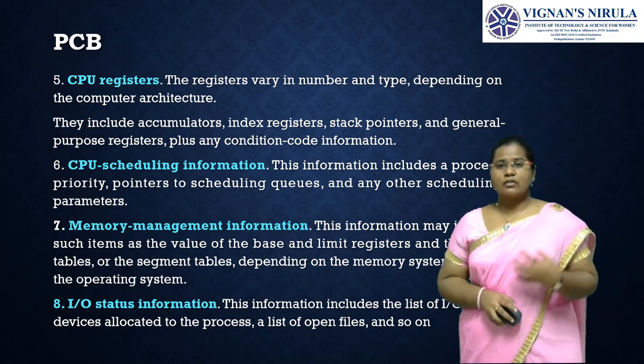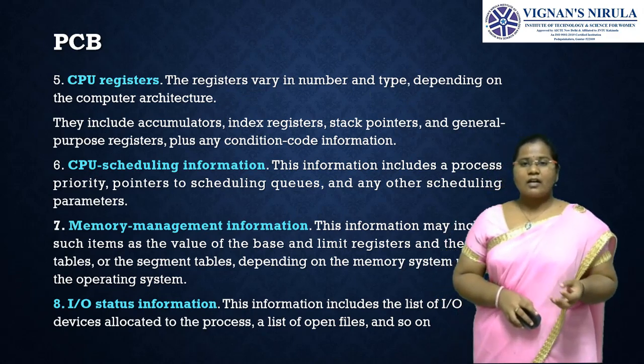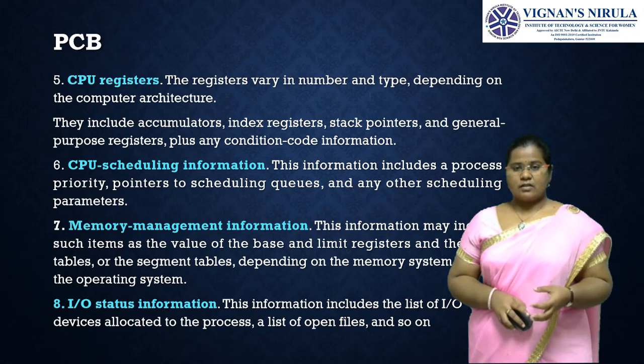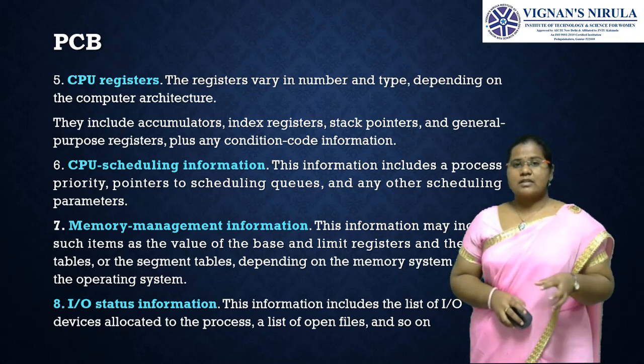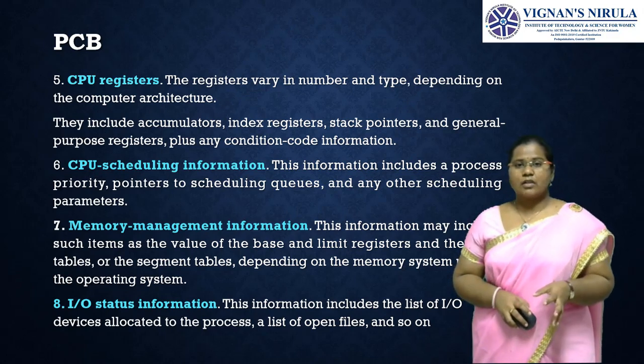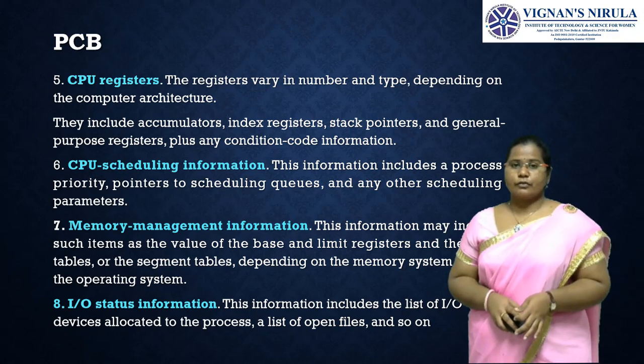Likewise, to store the values of your variables, we have registers like the accumulator register. There are a number of registers in your CPU with different functionalities. All these details, what registers your process is going to use while executing, are present in the CPU registers part of your process control block.